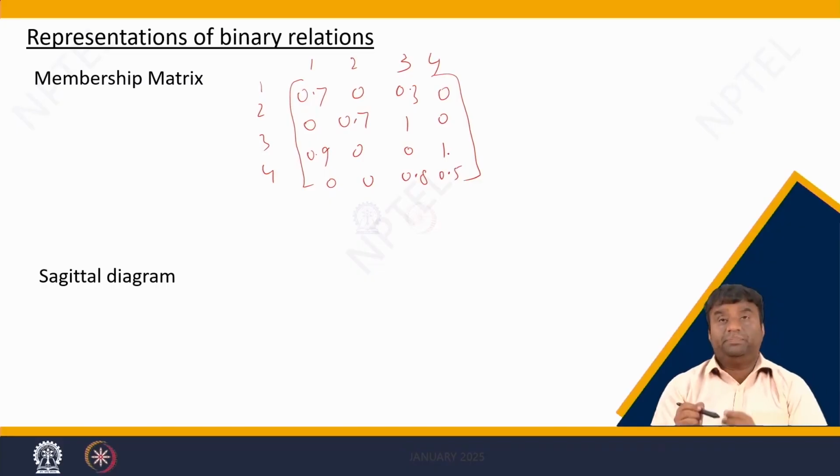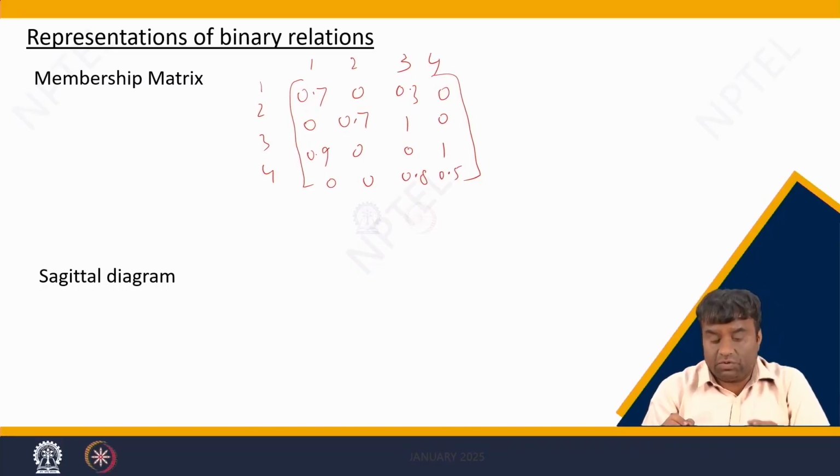The first way to represent a binary relation is by a membership matrix. Here the value represents the strength between elements, for example 0.7 represents the strength between 1 and 1, and this 1 represents the strength between 2 and 3, and so on.